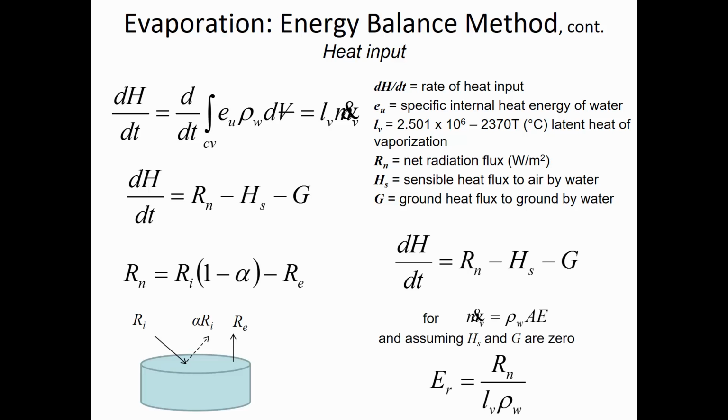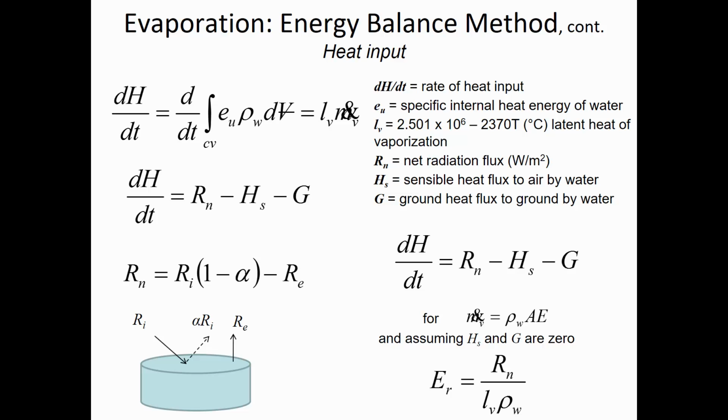All right. So let's look at the energy balance method. It estimates E sub r, which is the evaporation rate, by the radiation that's available, where R sub n here is the net radiation. Because it's not just the incoming solar radiation that's driving evaporation, because some of the radiation is reflected off and some of the radiation is emitted as that long wave sensible heat back to the atmosphere.